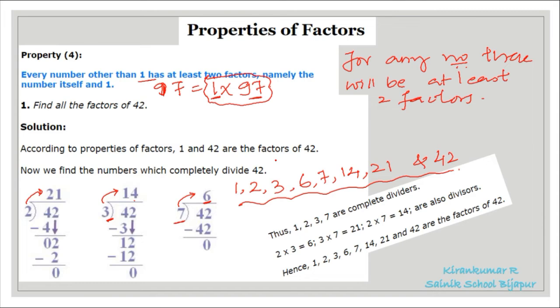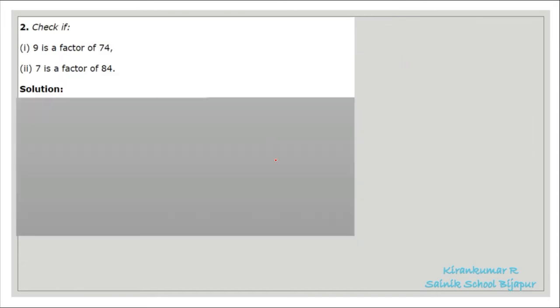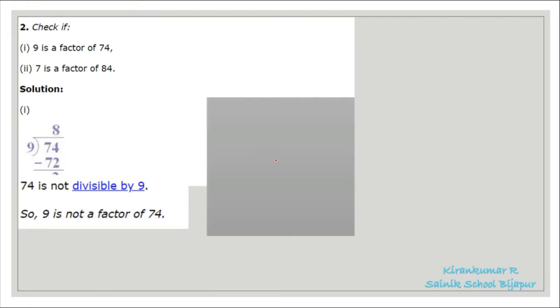Let me solve a question. Check if 9 is a factor of 74, and 7 is a factor of 84. If I divide 74 by 9, it goes 8 times and leaves the remainder 2.